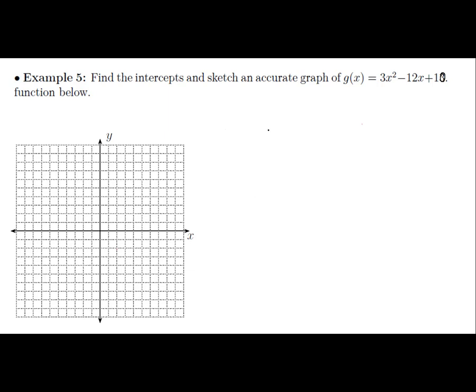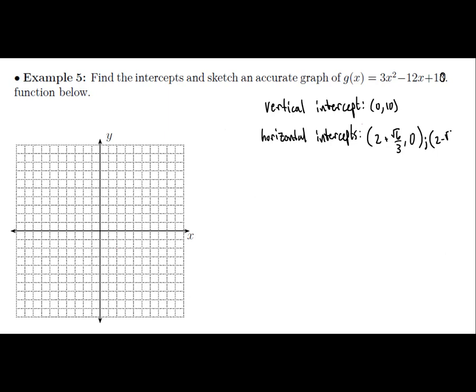Okay, so let me go ahead and put those down. So you should have a vertical intercept of (0, 10). You should have horizontal intercepts written exactly as (2 plus the square root of 6, over 3, 0) and (2 minus the square root of 6, over 3, 0).